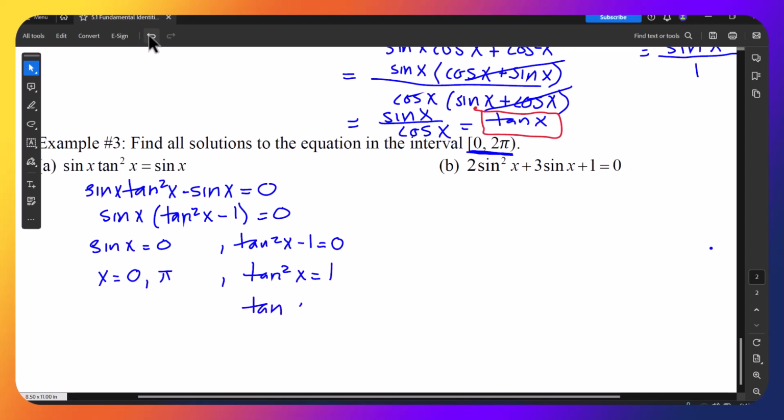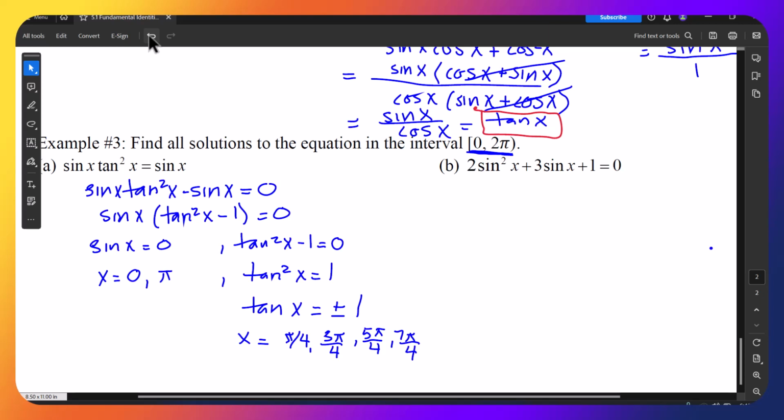Therefore, tangent of x is equal to the positive and the negative root of 1. And tangent is positive and negative 1 in 4 different places, at all the 45 degrees. So it's pi over 4, 3 pi over 4, in the middle of each one of the quadrants, 5 pi over 4, and finally 7 pi over 4.